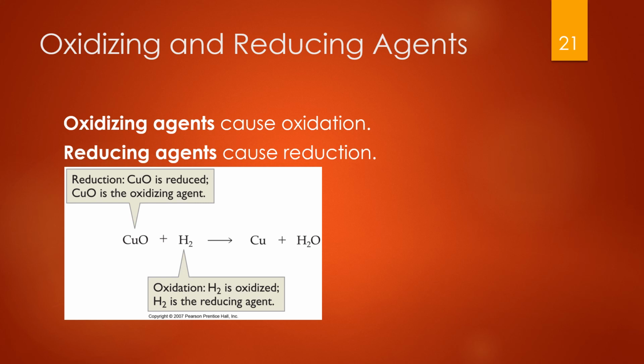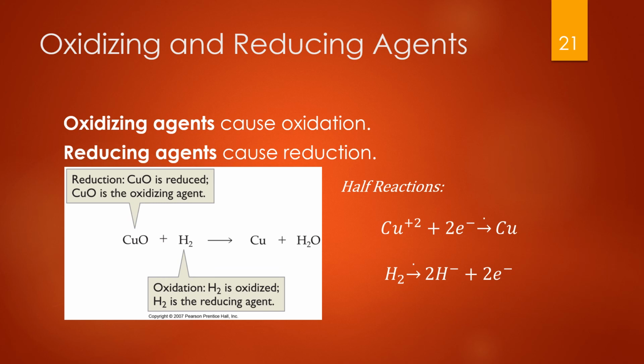So in the example below, copper oxide is reduced. In that case, copper is reduced. So if copper is reduced, copper is the oxidizing agent. We have hydrogen being oxidized. It's going from a 0 to a +1. So since it is the one that is oxidized, it is referred to as the reducing agent because it is reducing the copper.